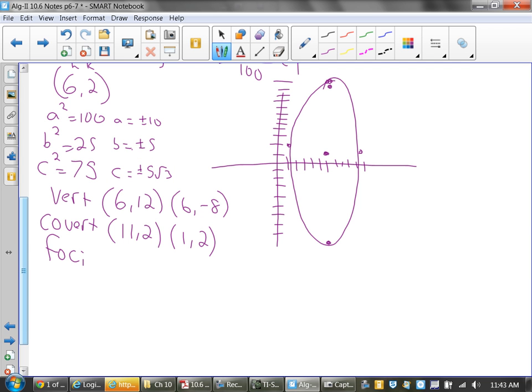So about 10 something. And so I know they're both going to be right there and there. But when I go to label my ordered pair, am I adding that focus value to the x or to the y coordinate? To the y, because it's up and down. So your focus will be at 6, 2 plus 5 root 3, and 6, 2 minus 5 root 3.